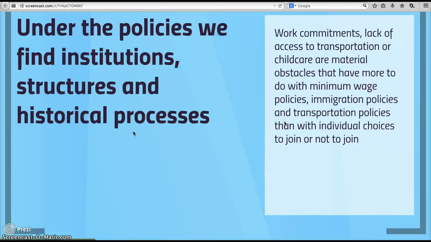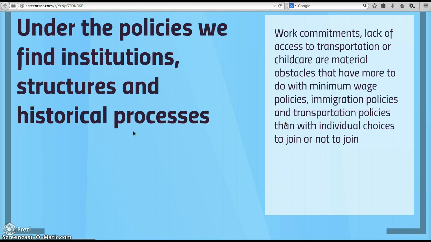Under the current policies, we find institutions, structures, and historical processes. So if our community is facing policies that restrict their mobility, whether because there are not enough buses in their neighborhood, or because they are worried about their immigration status, or they are driving around without a driver's license because they are denied the possibility of getting a driver's license, these barriers come because of limitations in the laws, and this is public policy.